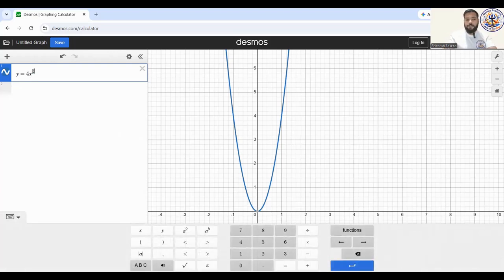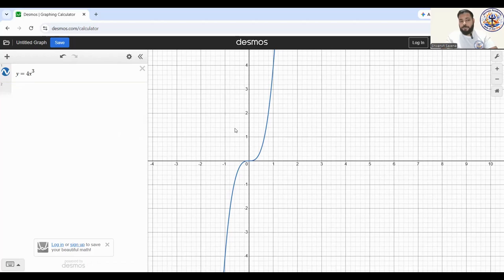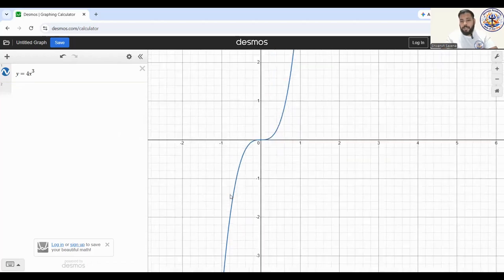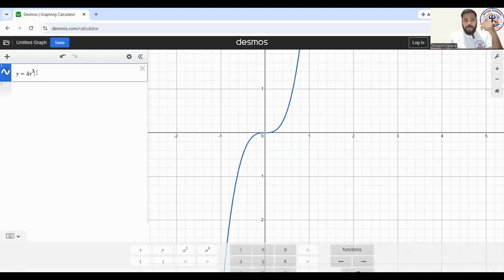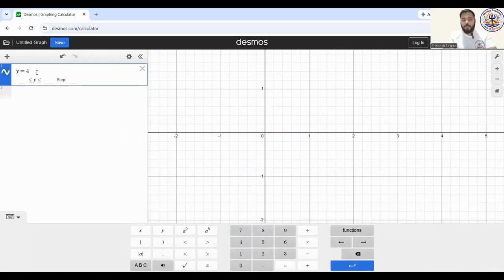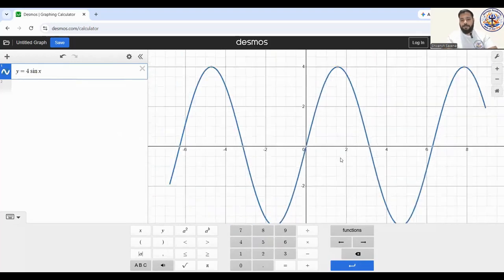Similarly, if this were a cubic curve, y equals 4x cubed, then you can see a cubic curve passing through the points which satisfy this equation. Let's say I have a trigonometric curve, y equals 4 sine x.